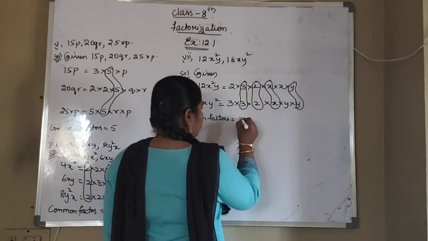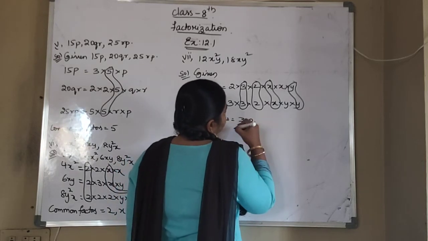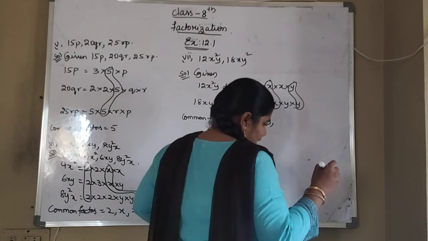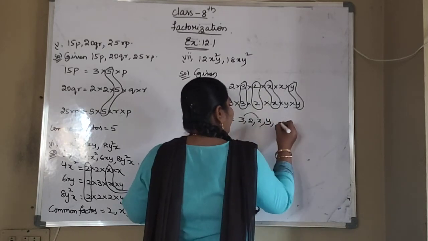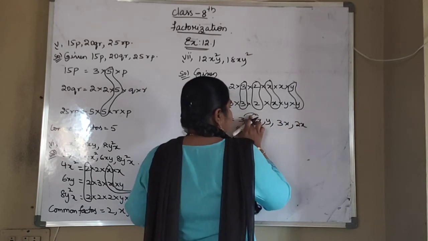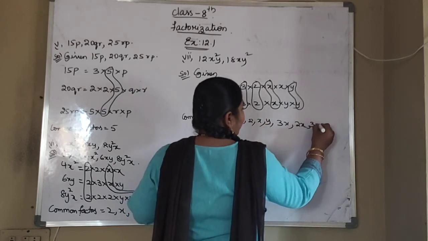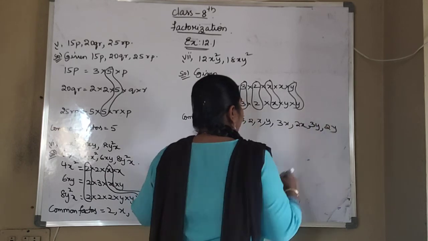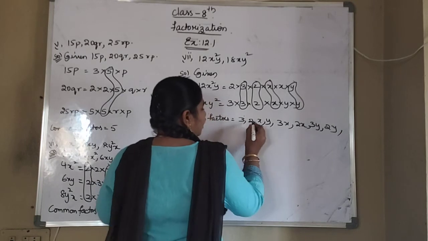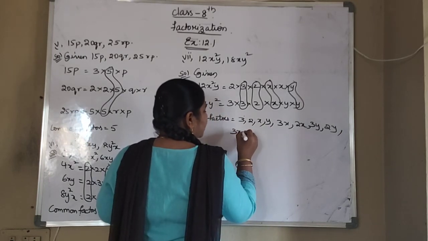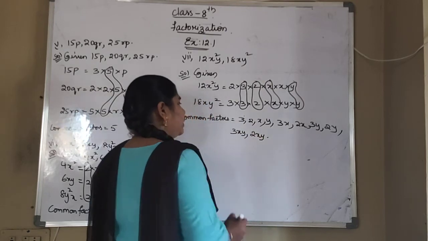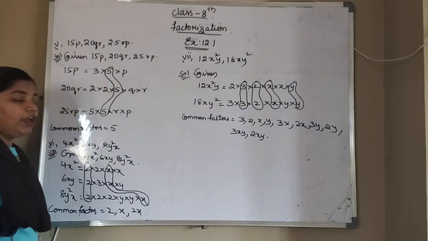As well as, you can write 3x and 2x as common factors. In the same way you can write 3y, 2y, and 3 into x into y, that is 3xy, is also a common factor, and 2xy is also a common factor. So these many common factors are there for the given question.